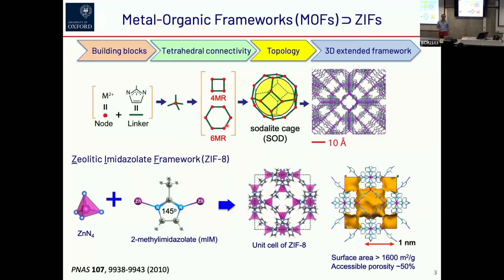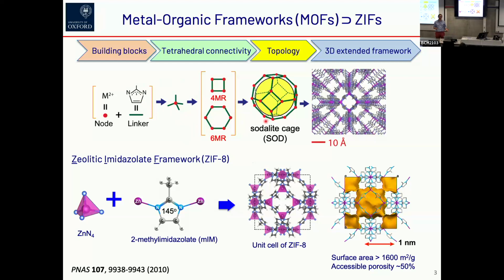Okay, so the general idea is you do some self-assembly of the building blocks. So this consists of metal nodes and organic linkers. They build secondary building units, SBUs, cages, which could be like these 4-member rings, 6-member rings, etc. Self-assembled into certain topology.